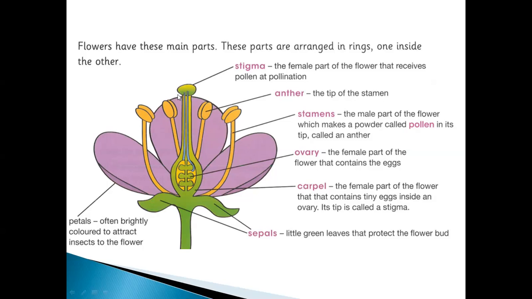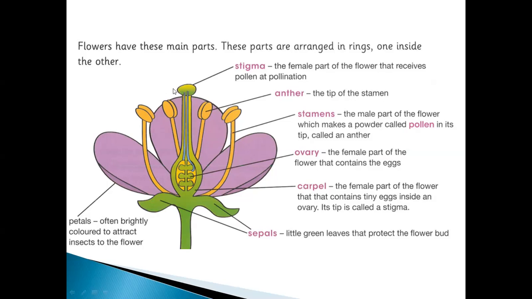After this, the stigma. The stigma is the female part of the flower that receives pollen at pollination. When insects come here, they drop some pollen on the flower.